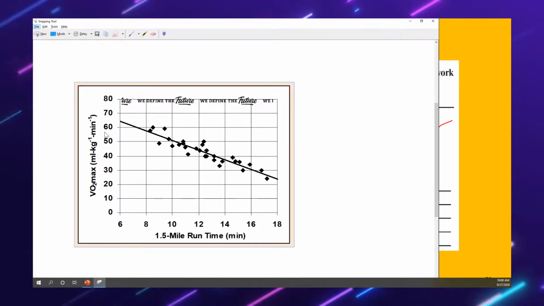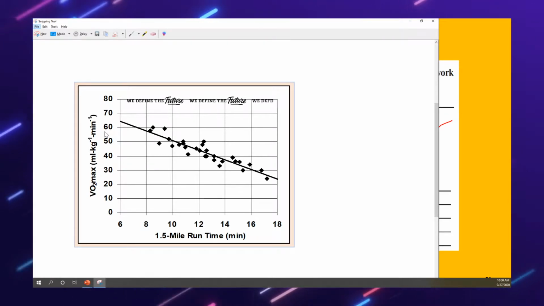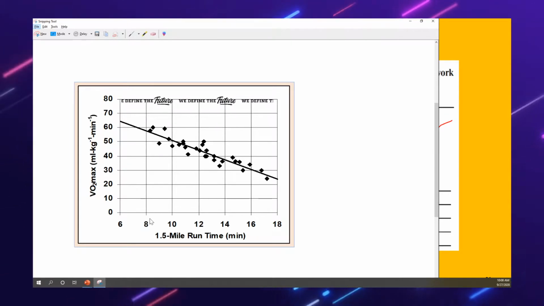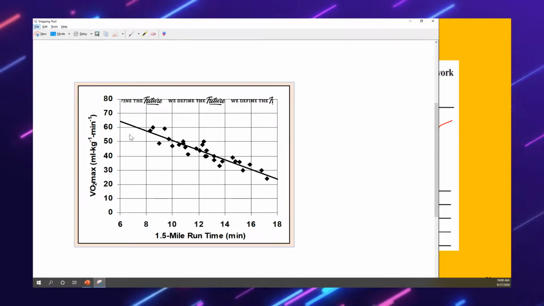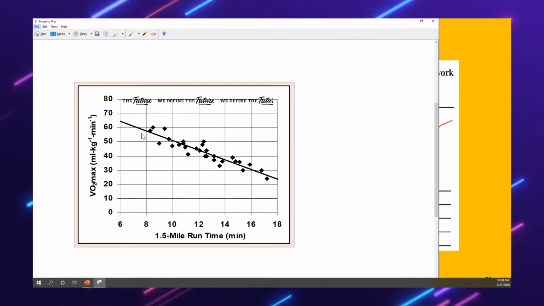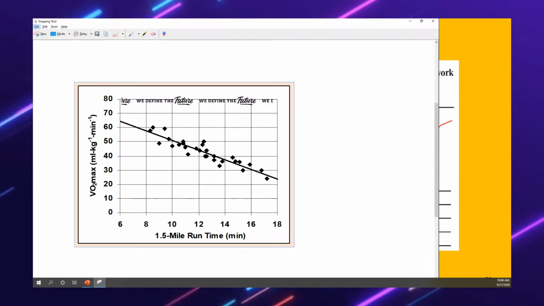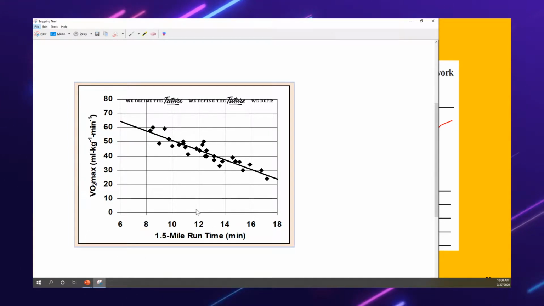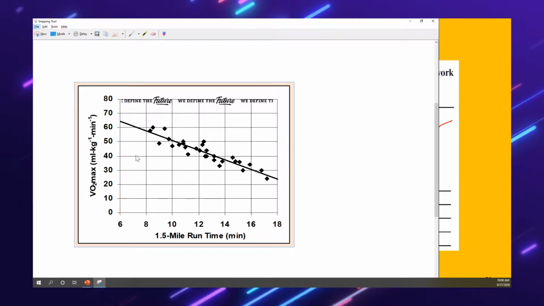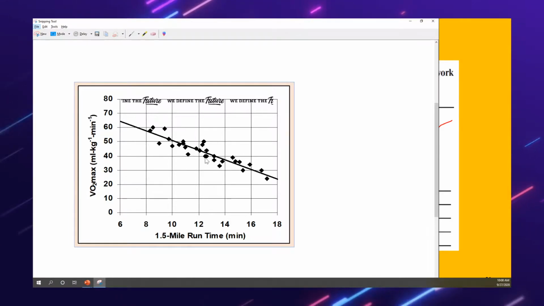Intuitively, that makes sense. The faster you run it, the higher capacity you have. So if you ran an 8-minute 1.5 mile, you would be up in that VO2 max of a 60 range, compared to our individual here who did almost 12 minutes, who would have a VO2 max of somewhere between 40 to 50.